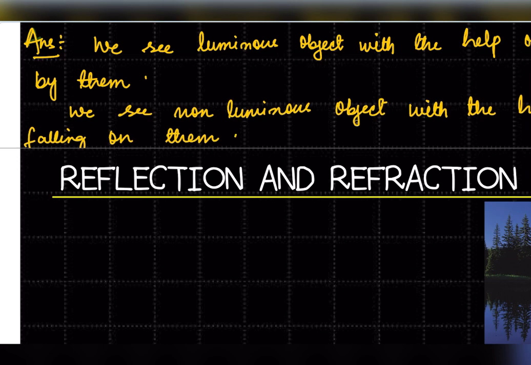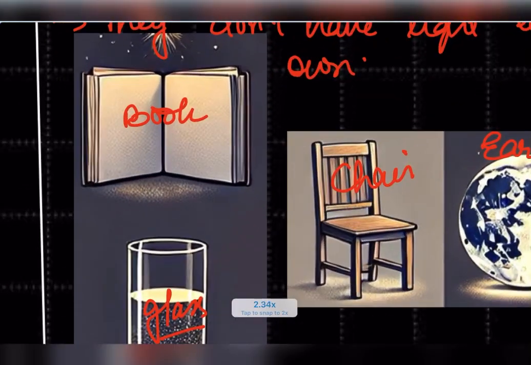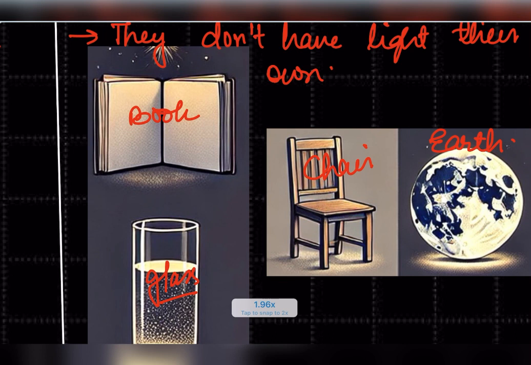Let me make things clear now. How do you see this table, or how do you see this chair? This is my chair here. We see this chair because, let's say, there is a bulb.